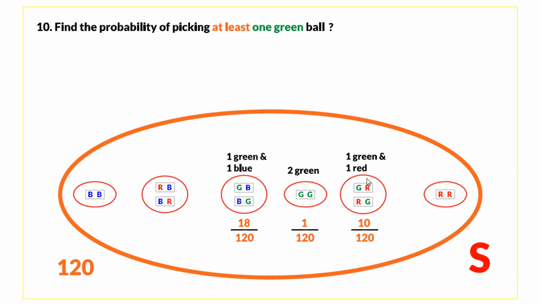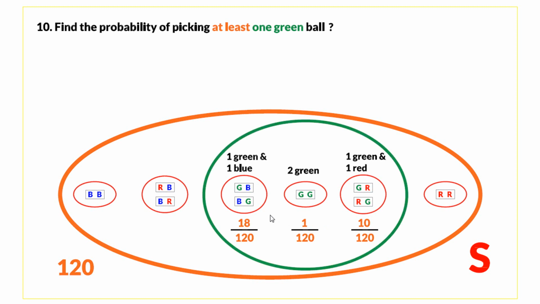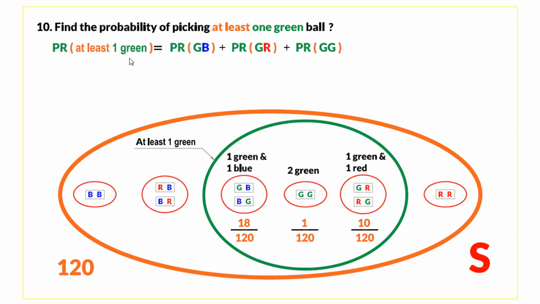So these are disjoint events, and their union forms the event at least 1 green. So now let's find the probability. Probability of at least 1 green, it's either probability of green blue, or green and red, or green and green. So we add them together and we get 0.24.